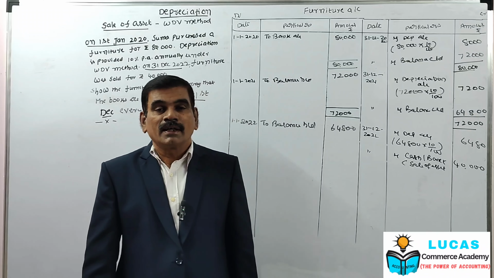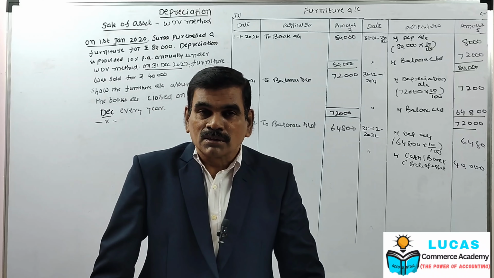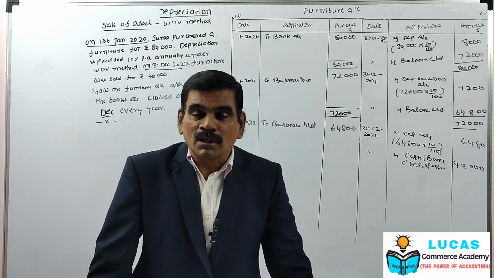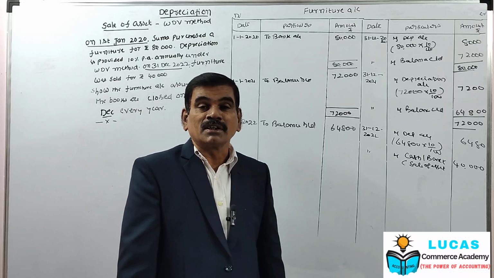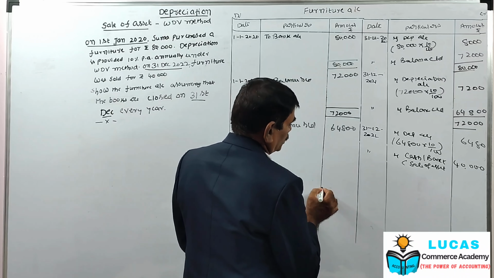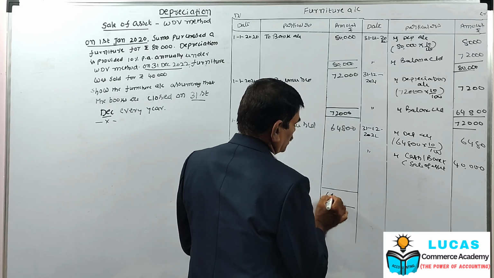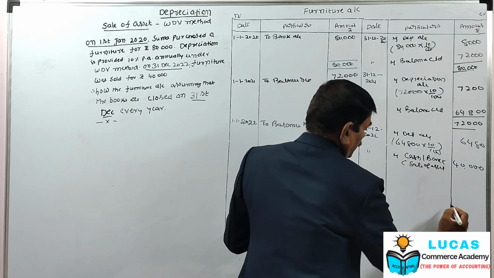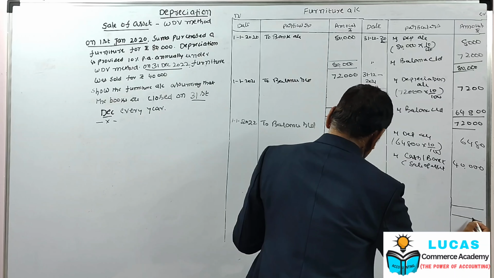Step 3, ascertain the profit or loss by way of balancing figure by closing the furniture account. So close the furniture account.